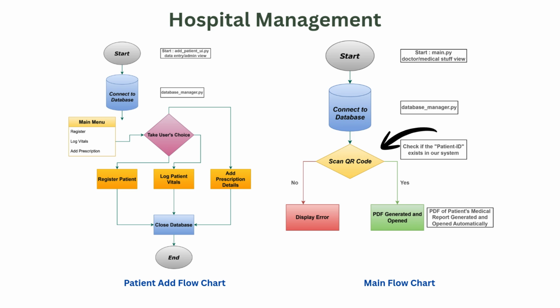If it is an existing patient in our database, we will generate the PDF and it will auto open. And the best part is the PDF will contain the patient medical history. And if it is not, that means the patient doesn't exist. We will show that to the representative.